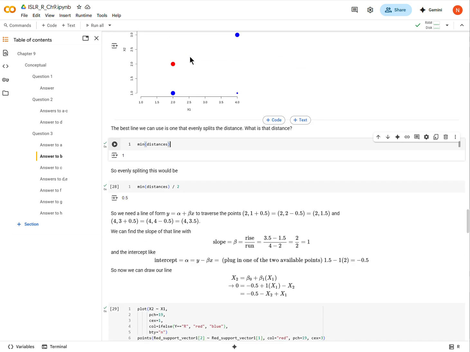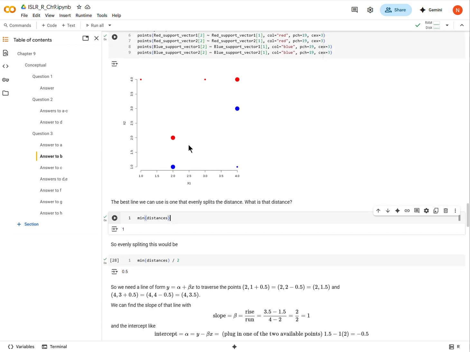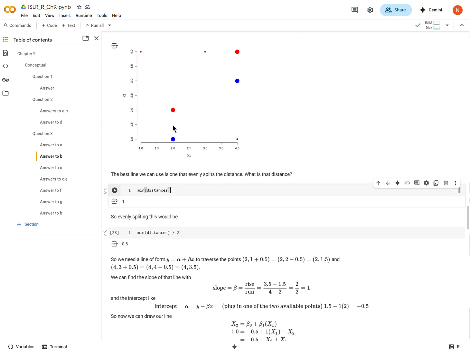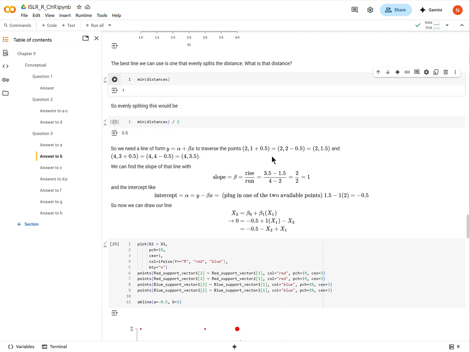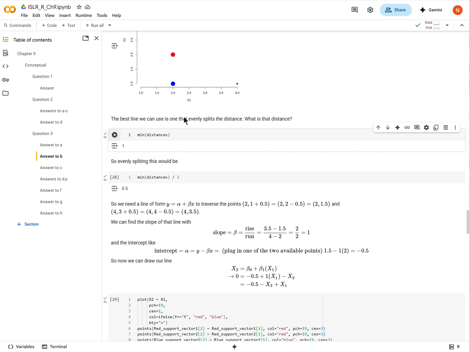All right, and so what we need now is to find the formula of a line that meets those requirements, right? That is half a unit away from both the red and the blue support vectors here. So what then are the coordinates of this line? Well, if we think about the blue points, here's one of our support vectors right here, and it's at 2, 1, and we need to add 1/2 to that.